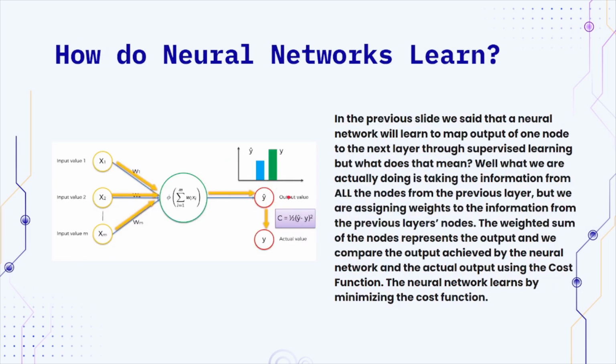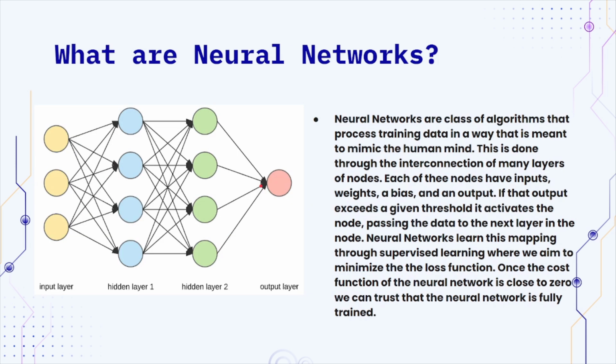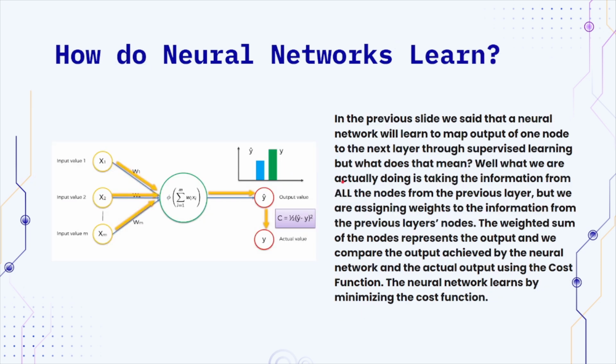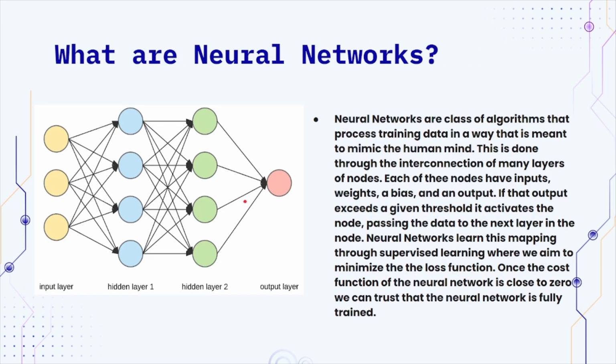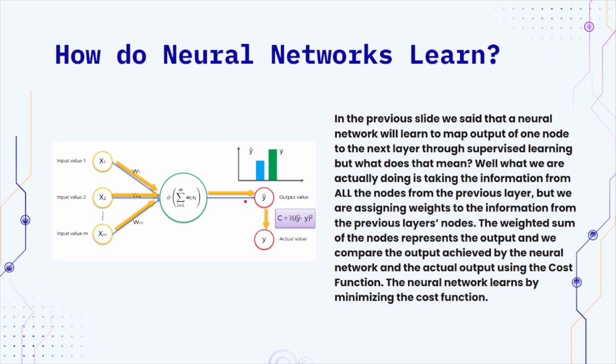The output value is the output value from the output layer. That's my mistake, guys. That gives you y hat. So this is y hat and this is actual y.